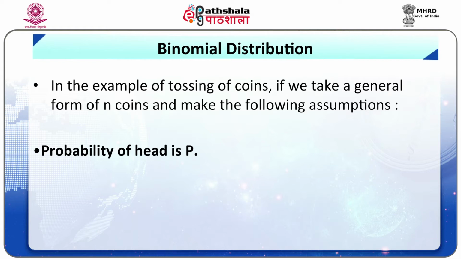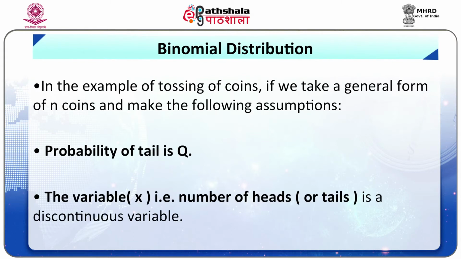In the example of tossing of a coin, if we take a general form of n coins, instead of 4 coins, let us assume that we have n number of coins and make the following assumptions: that the probability of head is P, probability of tail is Q, the variable x, that is the number of heads or tails, is a discontinuous variable.